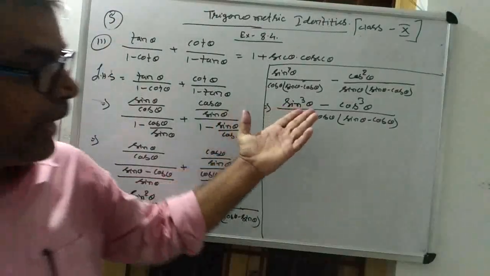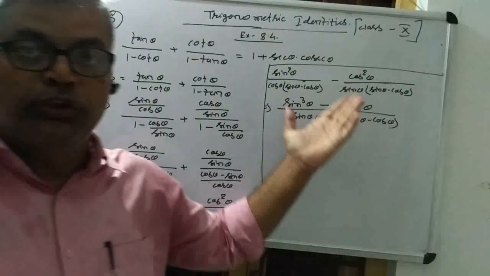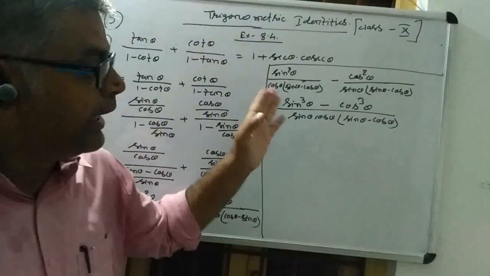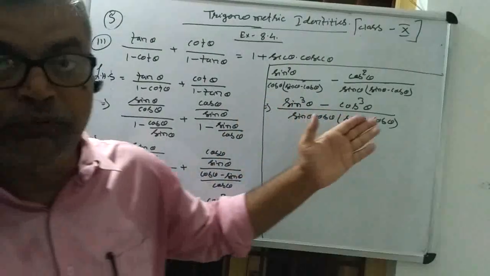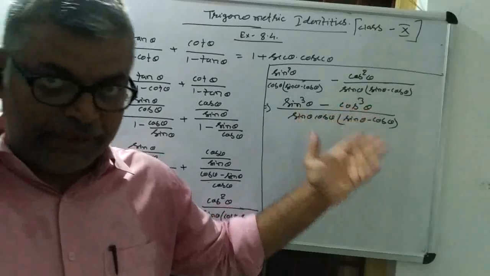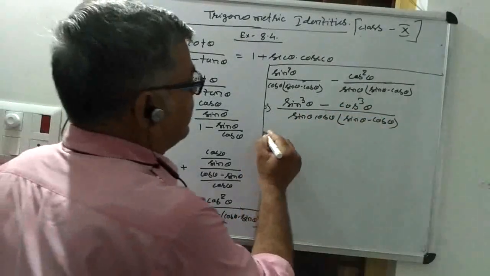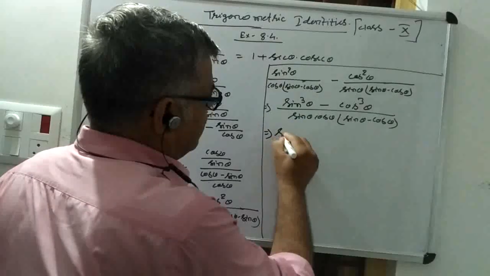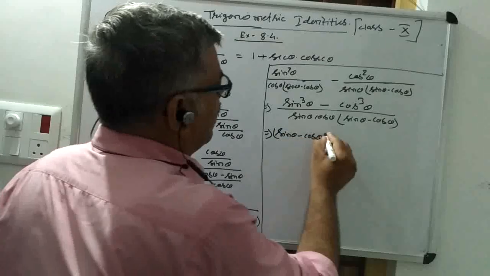Now we will expand sin cubed theta minus cos cubed theta by using the algebraic identity A cubed minus B cubed, which equals (A minus B) into (A squared plus AB plus B squared).